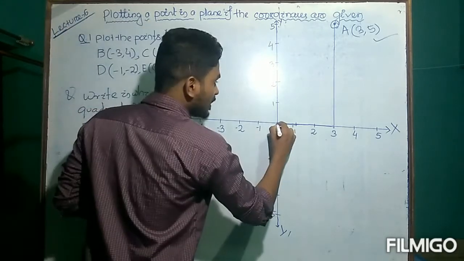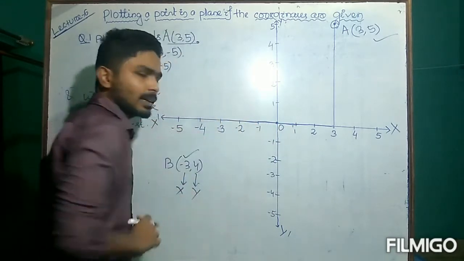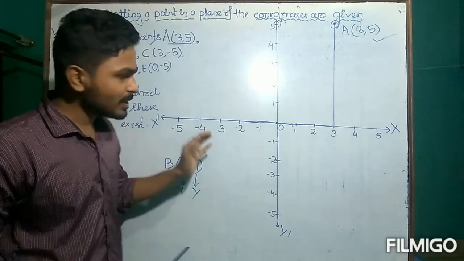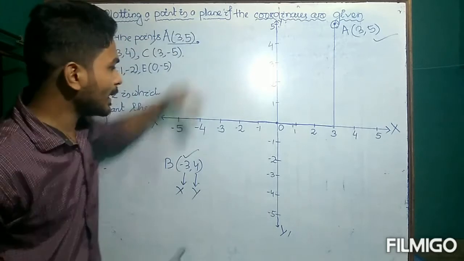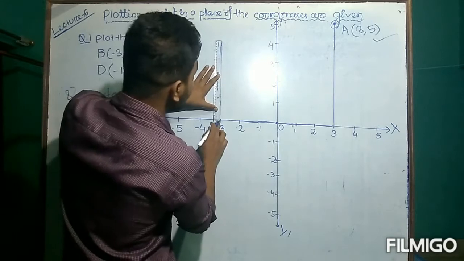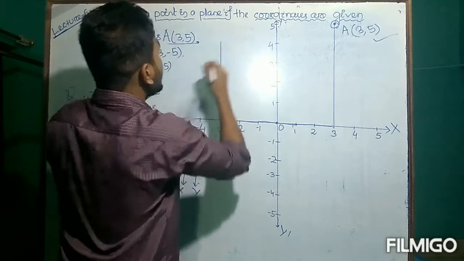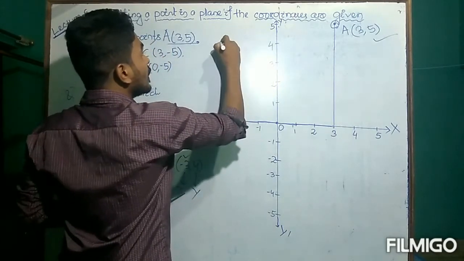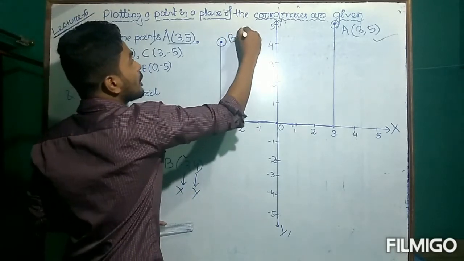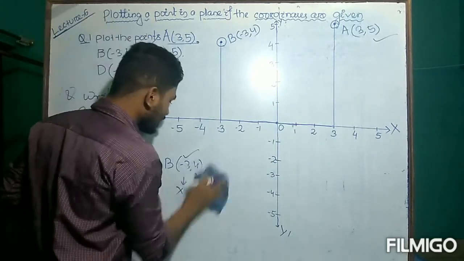Start your journey from the origin and move -1, -2 and -3. Understood? Then you see your y coordinate is plus 4. That means towards the positive direction, the upward movement. So move upward up to how many units? Up to 4 units. This is your perpendicular distance. Now you reach the point, and this point is denoted by B (-3, 4). Understood? So this is the point.